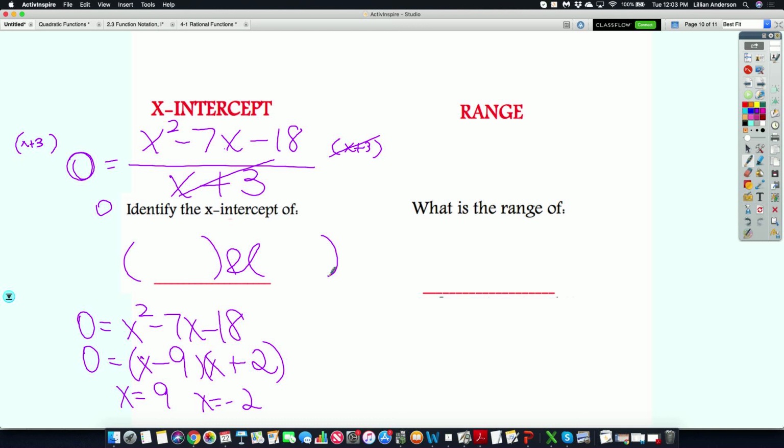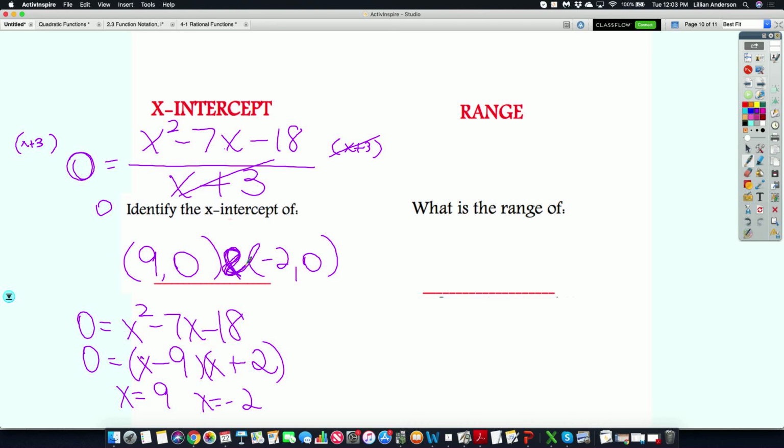No, it's an intercept. (9, 0) and (negative 2, 0). Make sure you write them as a point because you don't want me to think that you're talking about a vertical asymptote, right? Can't have that. Okay? There we go.